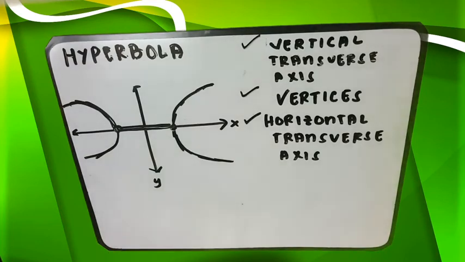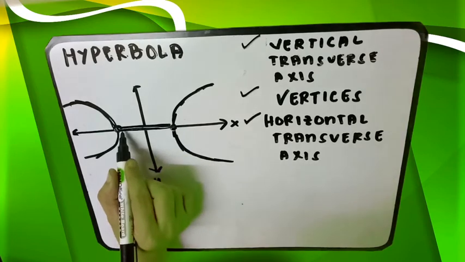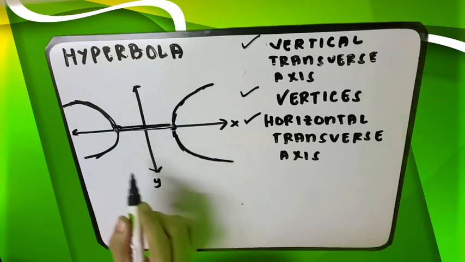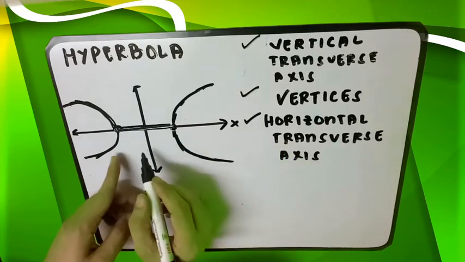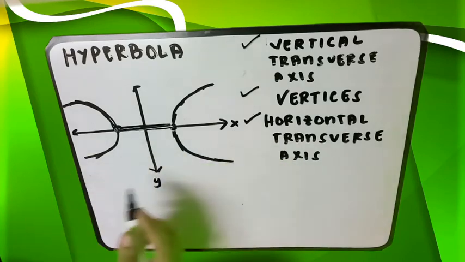Next. So aside from the line segment na makikita dito sa x-axis, pwede rin siyang wala dito sa mismong x-axis as long as parallel siya dito sa x-axis.